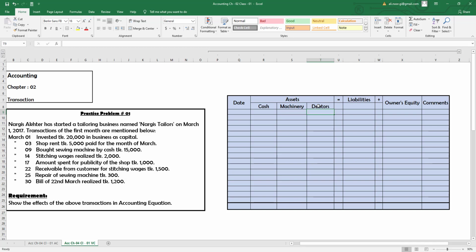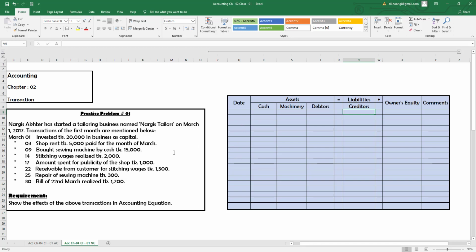There is no asset or liabilities account. Below, 22nd March realized is also a revenue account. So there are three asset accounts. They are cash, machinery, and debtors. Though there is no liabilities account, I would like to write creditors just to fill the column and for formality. Okay, so my table is ready for input.